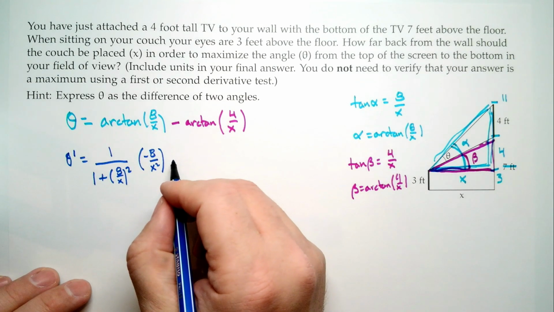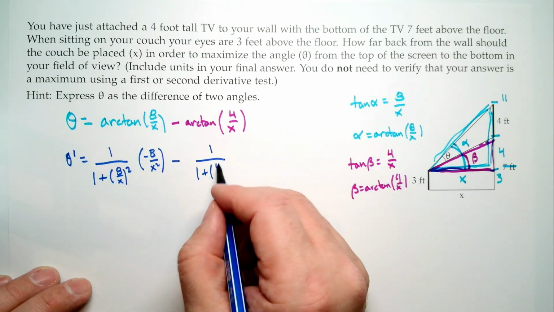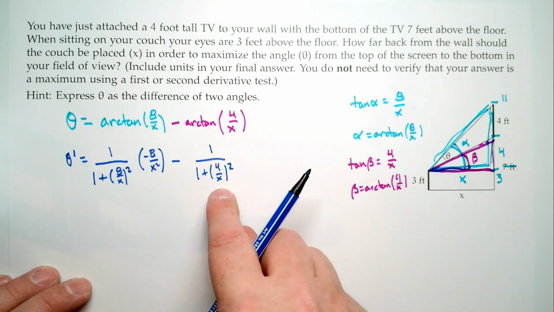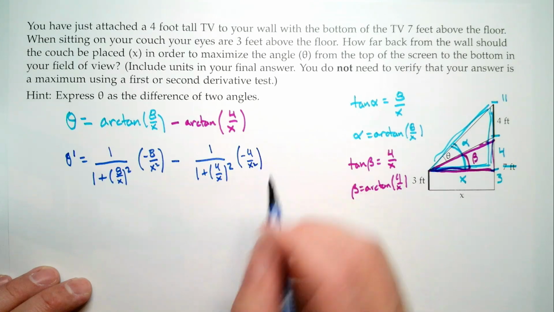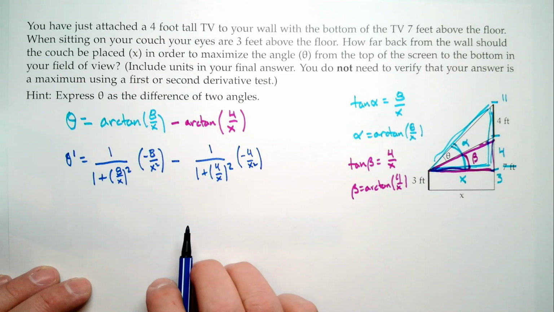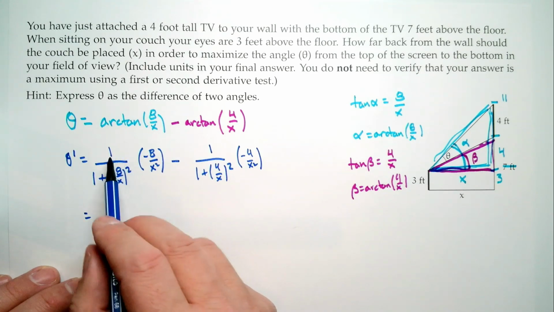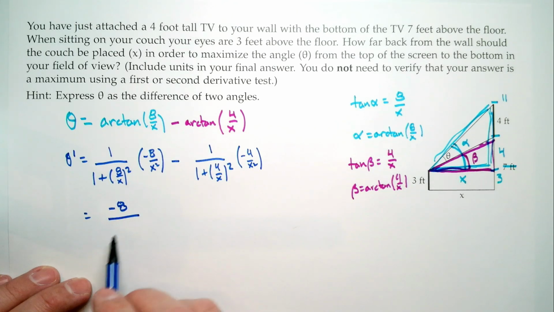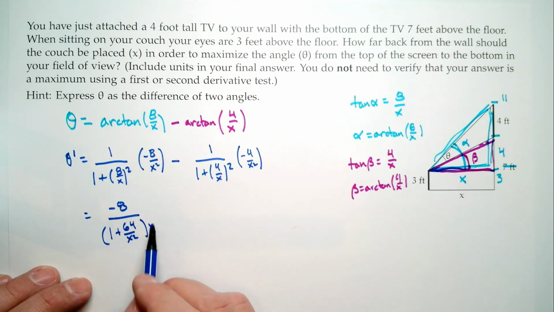So we're going to subtract now, a similar process, 1 over 1 plus 4 over x squared. Okay, 1 over 1 plus the inside squared times the derivative of the inside. That's going to be negative 4 over x squared. Well, this looks like we're going to get to do some exciting algebra. Okay, so here, the first term, that's negative 8. And downstairs I have 1 plus 64 over x squared multiplied by x squared.